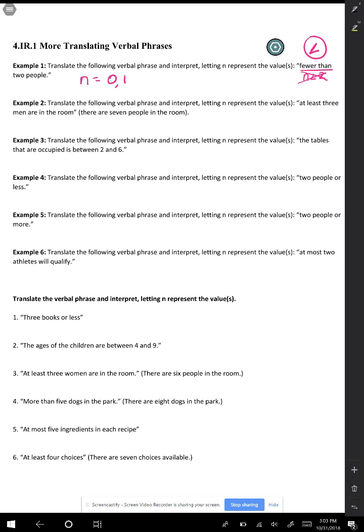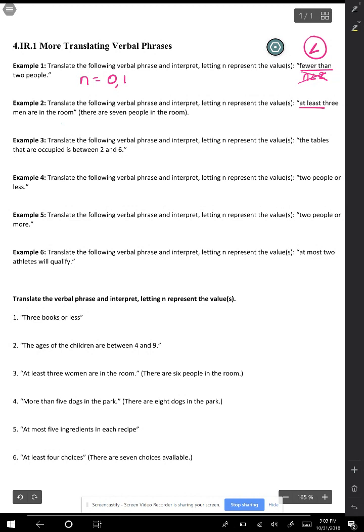Using that same thought process on number 2, we want to let n represent the value of at least 3 men are in a room, and there are 7 people in the room. The phrase at least means that number or more, so greater than or equal to 3.